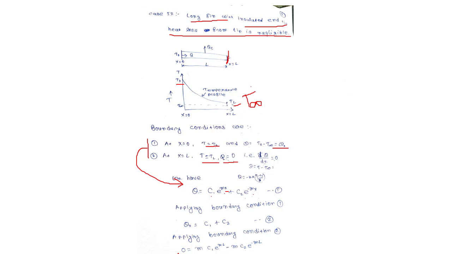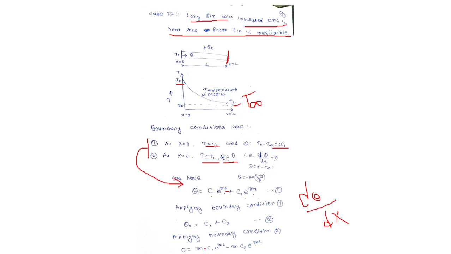This condition we apply in the previous equation of d theta upon dx. We know that d theta upon dx is equal to m c1 e raised to mx minus m c2 e raised to minus mx.